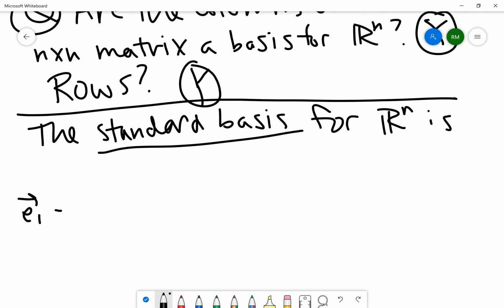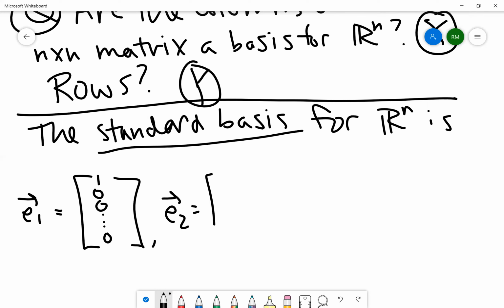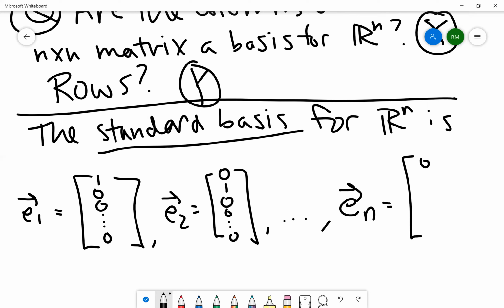We have the vector e1, that's the vector with 1, 0, and all zeros. We have the vector e2, which is the vector 0, 1, 0, 0, all zeros, and then you have the vector en. So this is not the only basis for Rn, but it is most people's favorite basis for Rn.